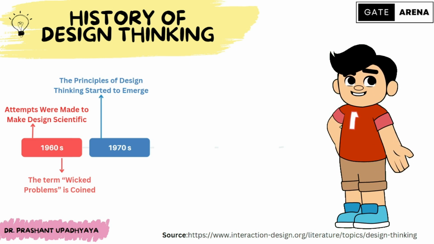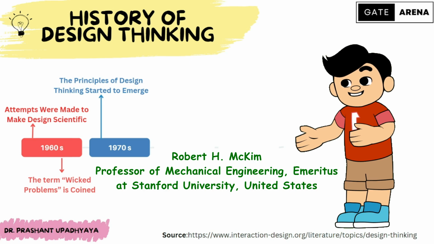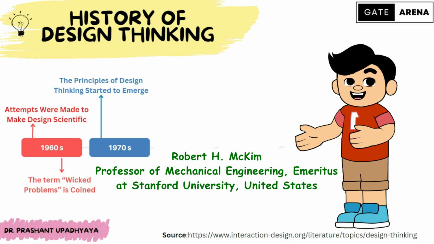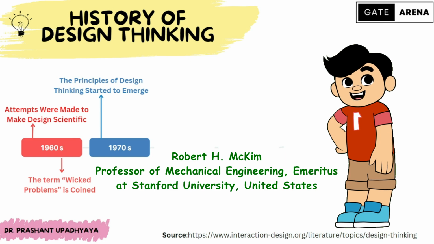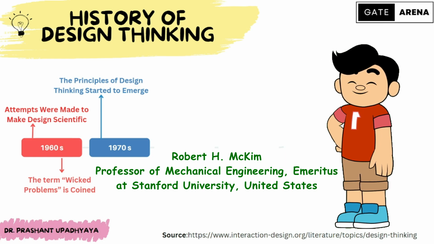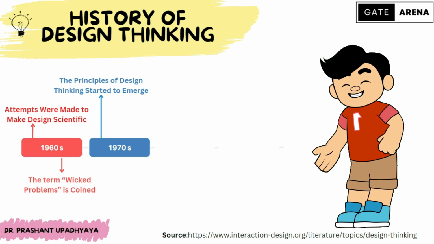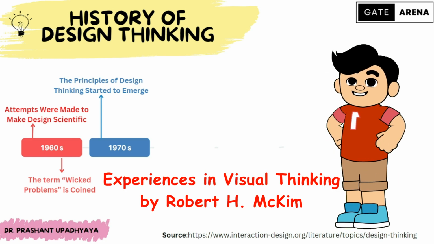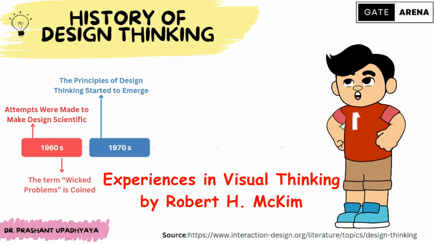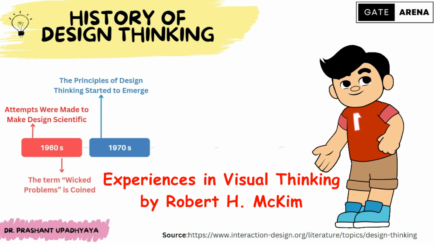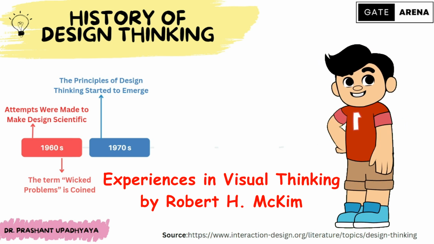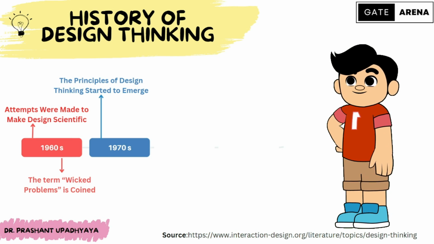In the 1970s, another professor, Robert H. McKim, the emeritus professor of mechanical engineering at Stanford University, talked about design thinking in his book Experiences in Visual Thinking. Robert focused mainly on the various aspects of visual thinking and design methodology used to solve problems.